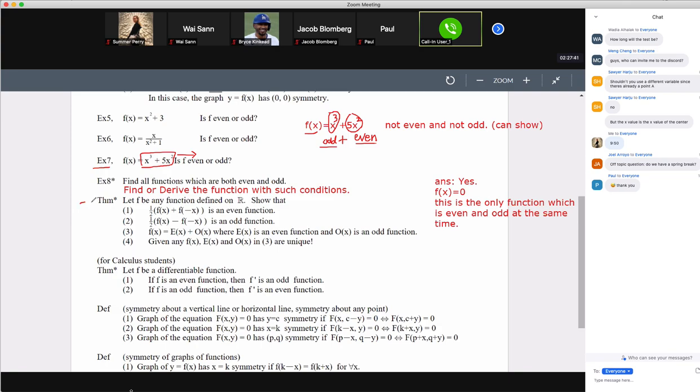Now let's look at theorem 8. Let f be any function. If f is any function, then this function right here is an even function. Sometimes I call this e of x.